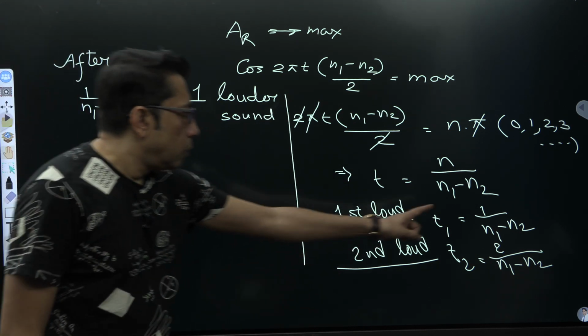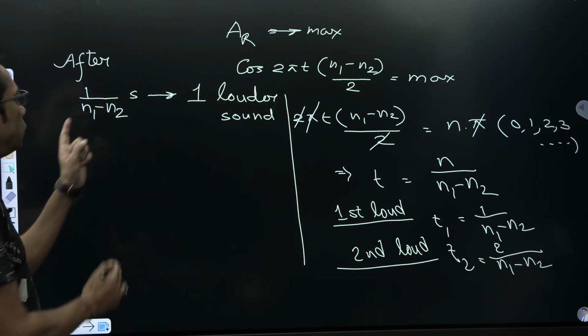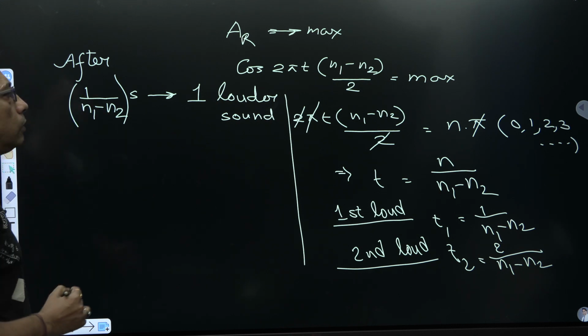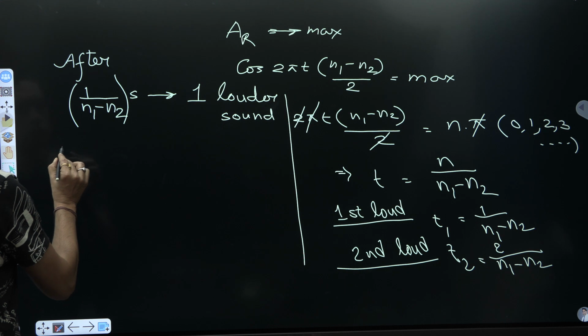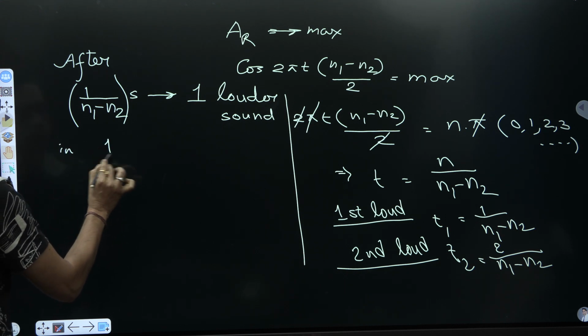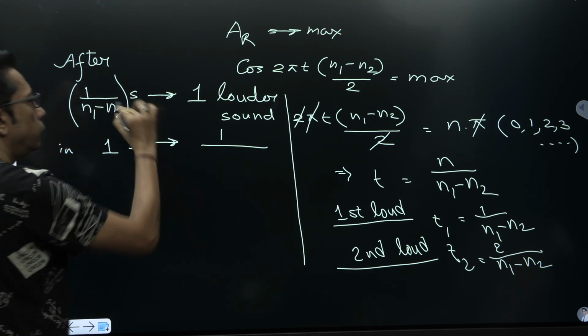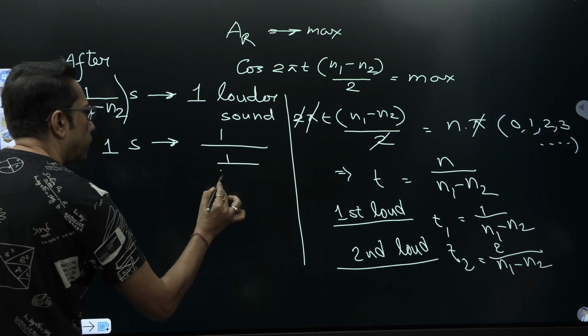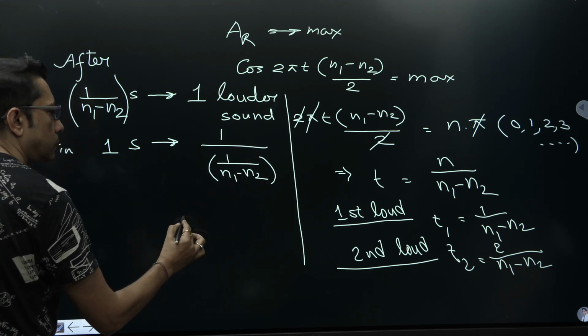So after each 1 by (n1 minus n2), 2 by (n1 minus n2), 3 by (n1 minus n2) seconds. So in 1 second, how many louder sounds will be heard? 1 divided by that, we are doing the unitary method, these many times.